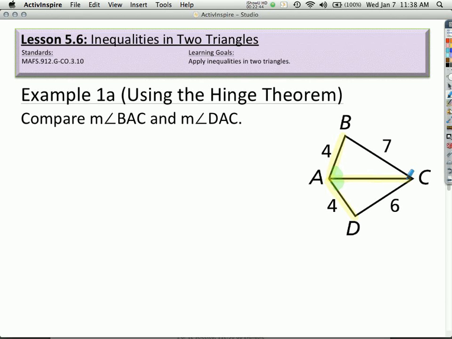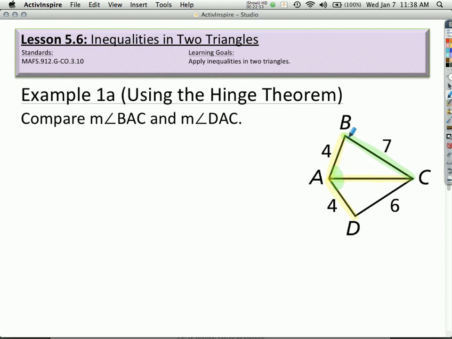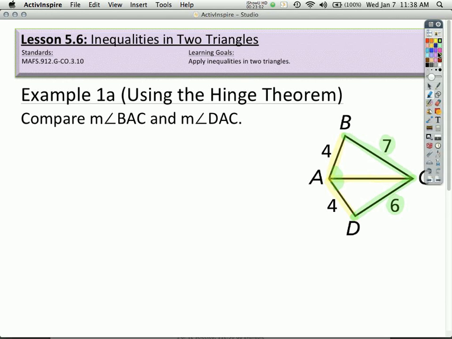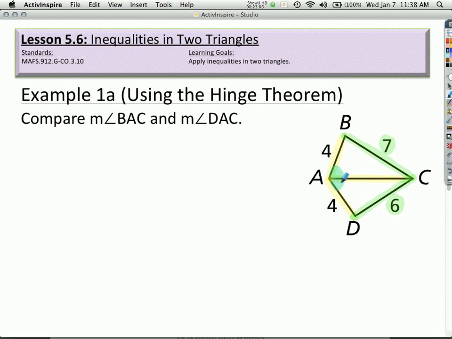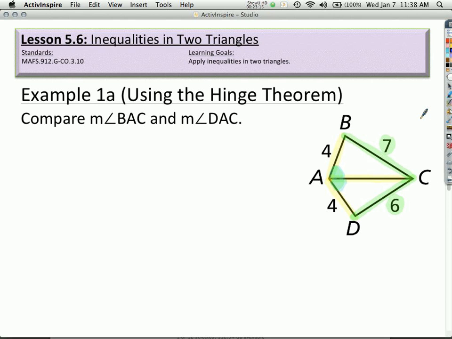And so now we can use the converse of the hinge theorem because we see that this is 7 and this is 6. So that immediately tells us something about this angle versus this one. So what could you say about the two angles?